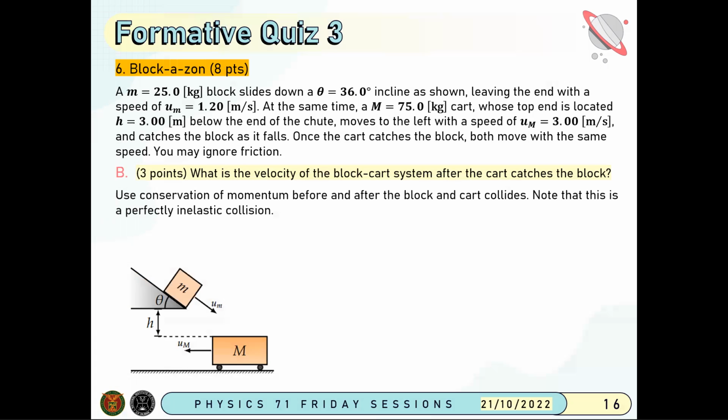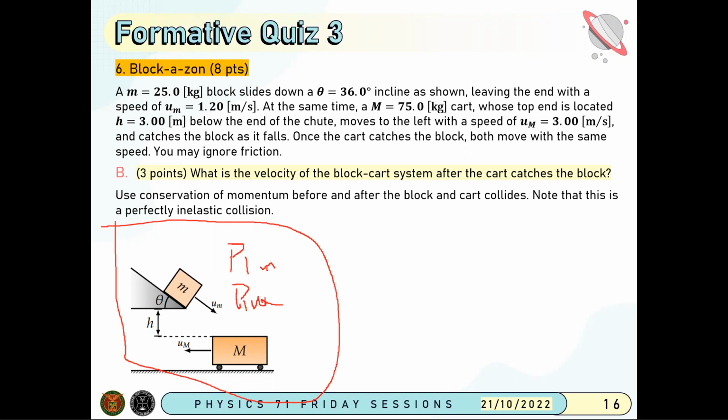So with that, pwede na natin gamitin yung conservation of momentum. Okay. So, now, ang conservation of momentum natin is, ito yung initial state. Then yung initial state, meron ka dyang P1 for both cases, P1 of the cart and P1 of the block.